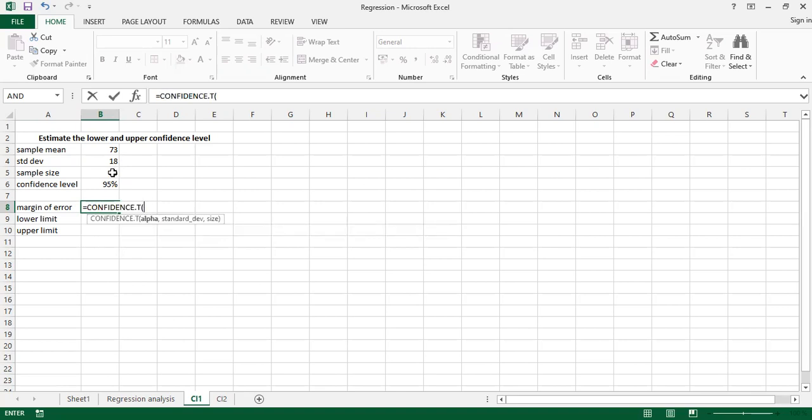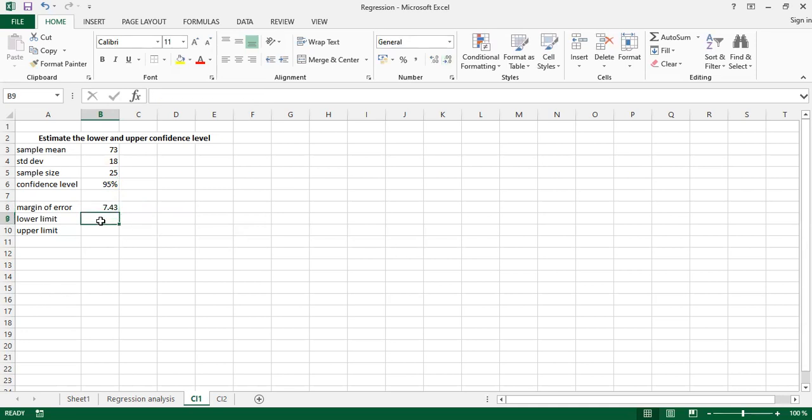The alpha will be 1 minus the confidence level, press comma, and the standard deviation you've been given here is 18, press comma, and the sample size is 25 here. You close your brackets, you do control enter, and you can just reduce the decimal places. So this one has already given you the margin of error.